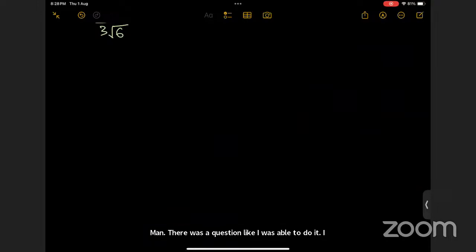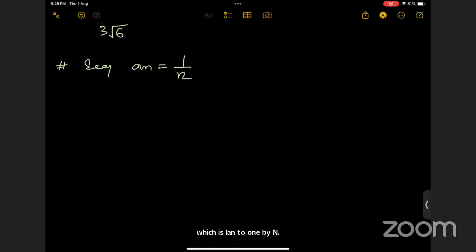There was a question which said there's a sequence a_n equals 1 by n, and then we have to select the subsequences for it.